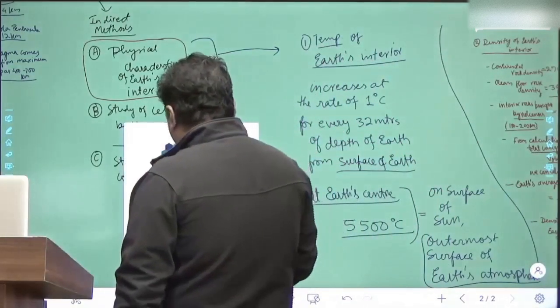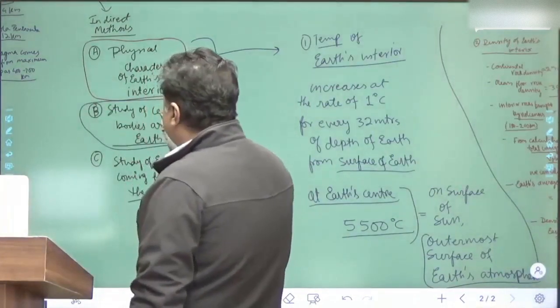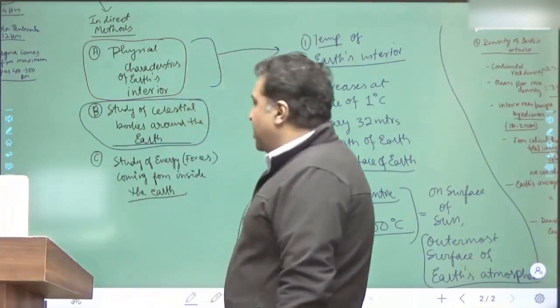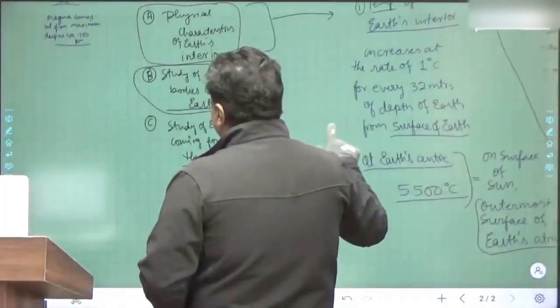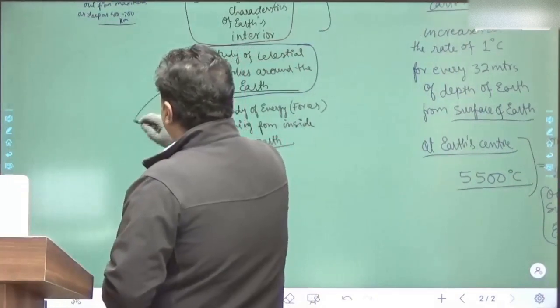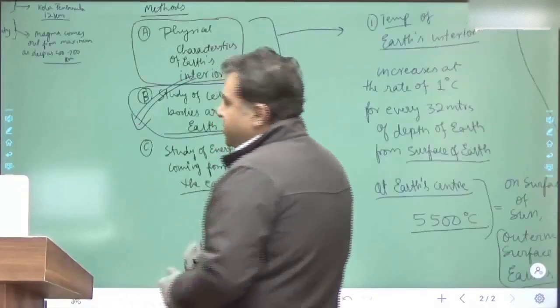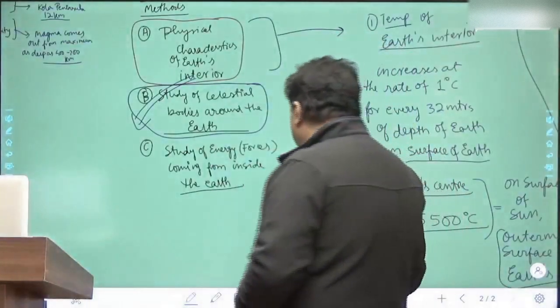Now, the second. Which is the second indirect method? The second indirect method is the study of celestial bodies. So let us see how that helps us in understanding the Earth's interior. Study of celestial bodies.